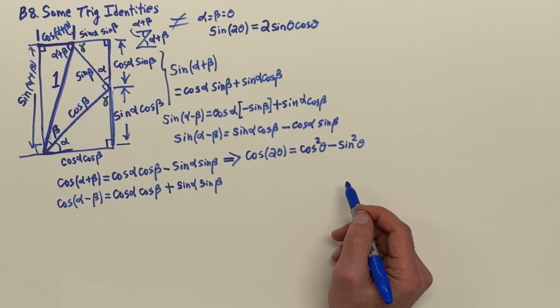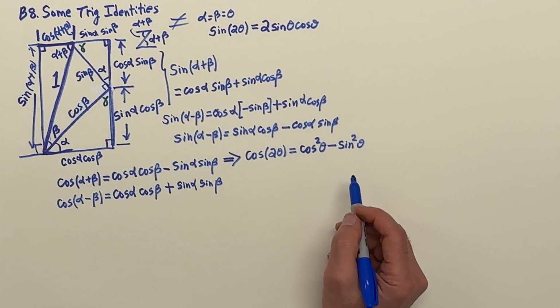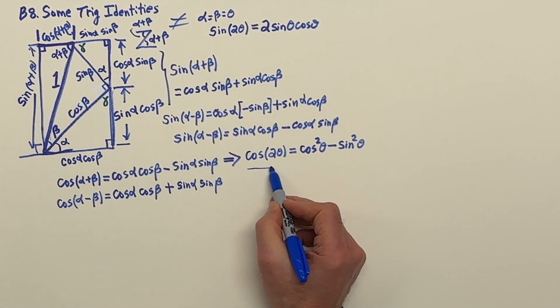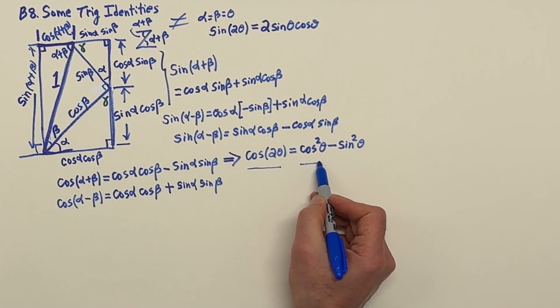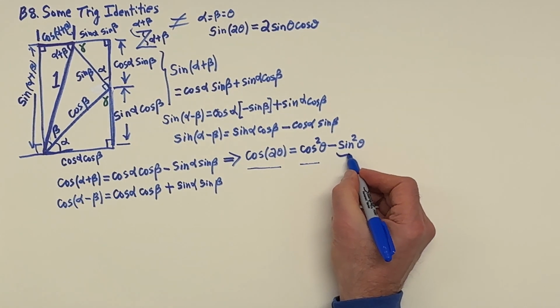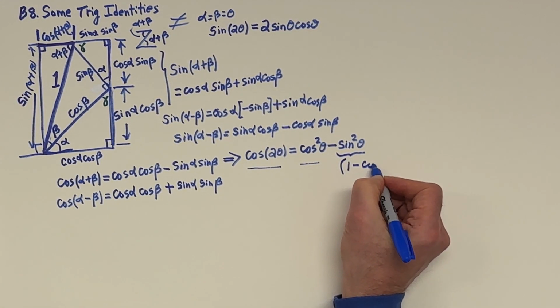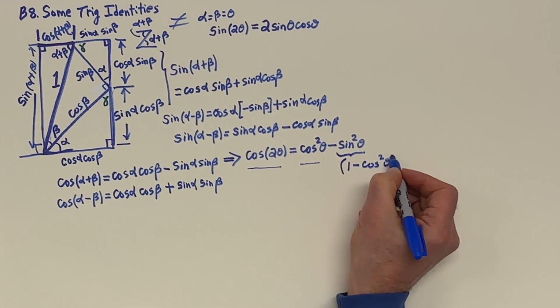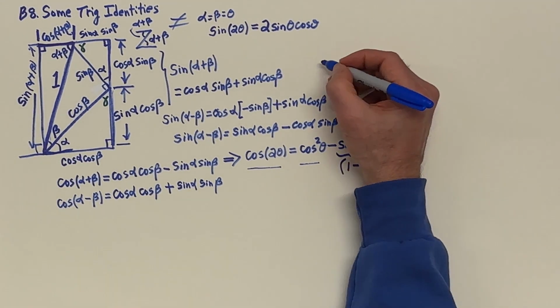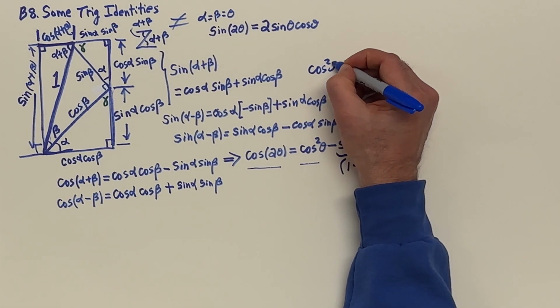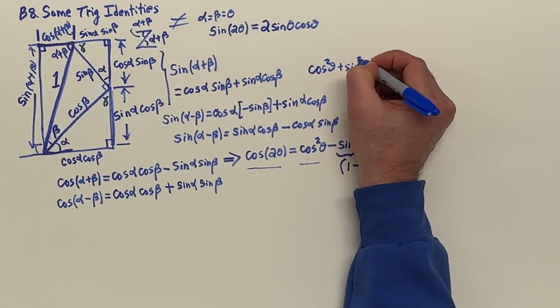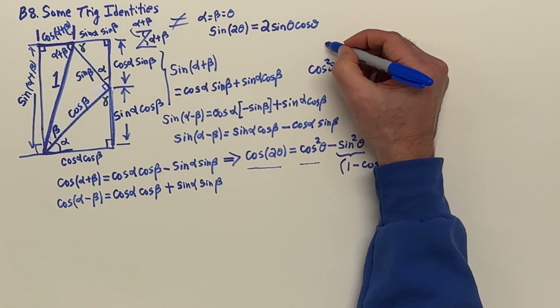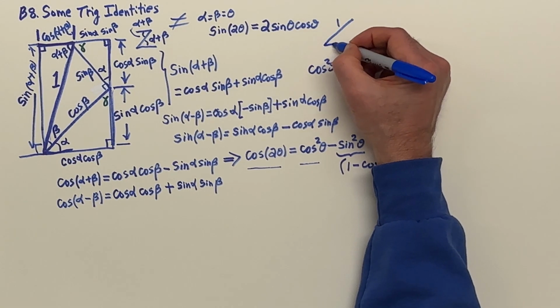Now, a variation of this formula that you sometimes see: you have cosine of 2 theta, you have the cosine squared. What you find is that if you replace the sine squared with 1 minus the cosine squared theta, because always remember that the cosine squared theta plus the sine squared theta is equal to 1. You have your 1 for your hypotenuse, and you have a theta here.